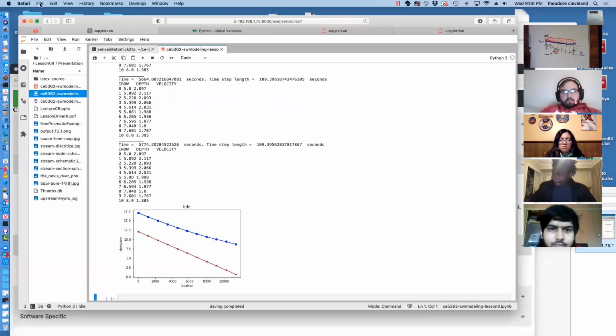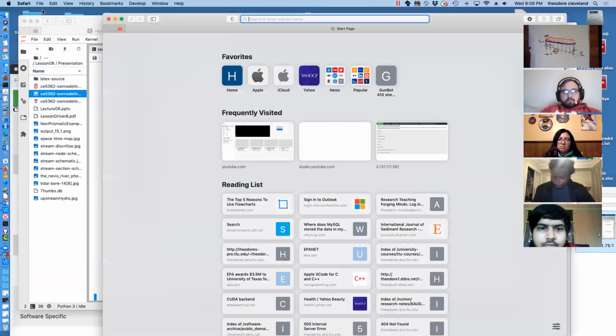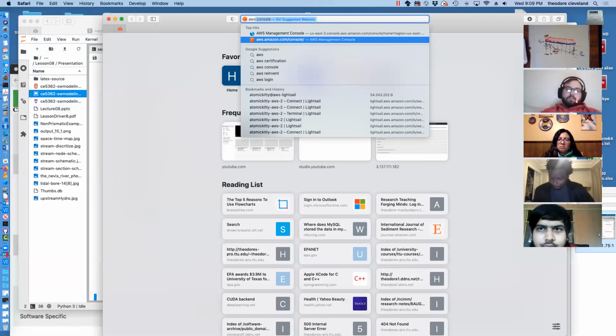So I'm going to try to go to my Amazon Web Services instance for two reasons. One is Anna contacted me earlier and was having trouble getting to hers, and so let's see if I have the same trouble. In which case it's because it's in Ohio and AWS isn't working right now. If not, we'll go ahead and do a call tomorrow and figure out what's wrong with yours.